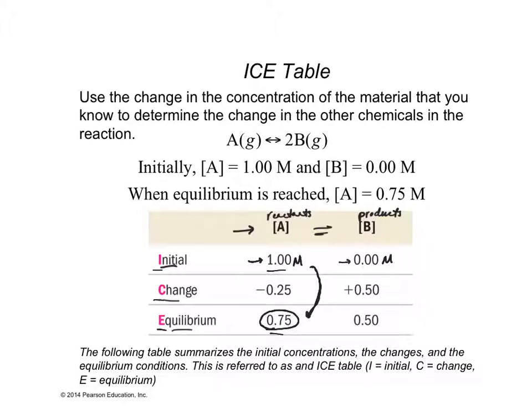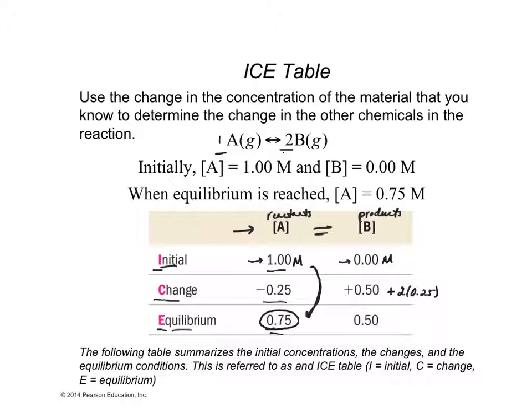But because of the stoichiometry, whatever happens to the reactant, double of it has to happen to the products, right? So if we lost 0.25 with respect to the reactants going from initial to equilibrium concentrations, then the product is essentially going to have to gain 2 times 0.25, because again, for every one of these that we lose, we gain 2 B's, right?